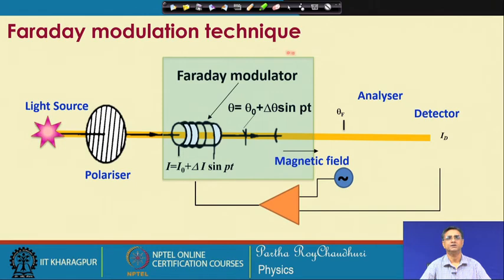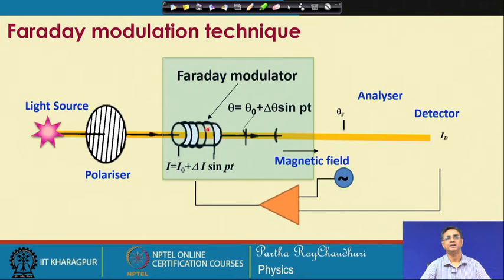Then the Faraday rotation measurement is also a very good and interesting laboratory experiment. You have a polarizer and a source of light passing through it, so the exiting light is plane polarized. You have a magneto-optic material, or else a current passing through a solenoid, given by I equals I 0 plus delta I sin p t.